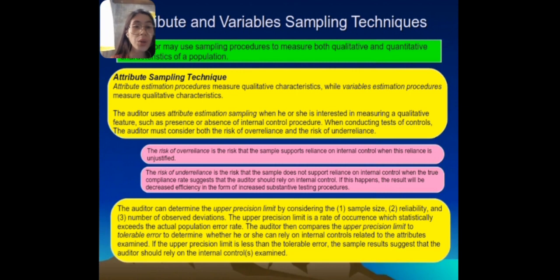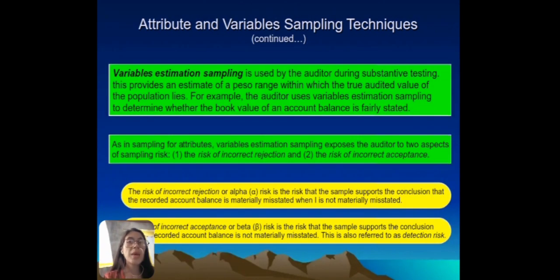The auditor then compares it to the tolerable error to determine whether he or she can rely on internal controls related to the attribute examined. If the upper precision limit is less than the tolerable error, the sample result suggests that the auditor should rely on the internal controls.